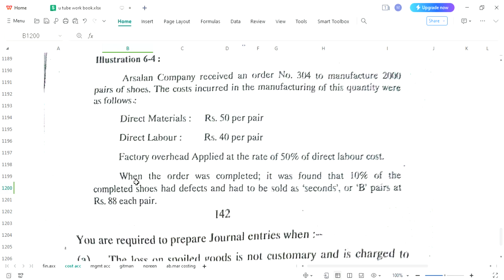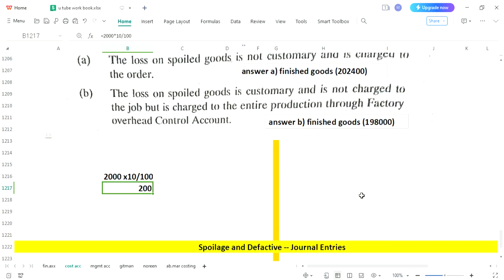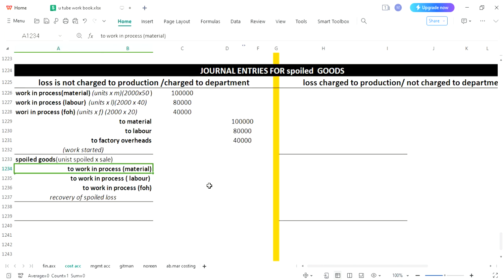Again go back to the question, what was said. It was found that 10% of the completed units had defects and were sold as B pair. So spoiled number of units is 10% of 2000 total units, which means we have 200 spoiled goods. 200 units are spoiled.